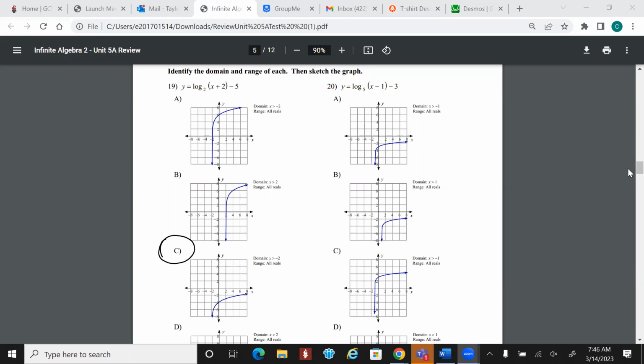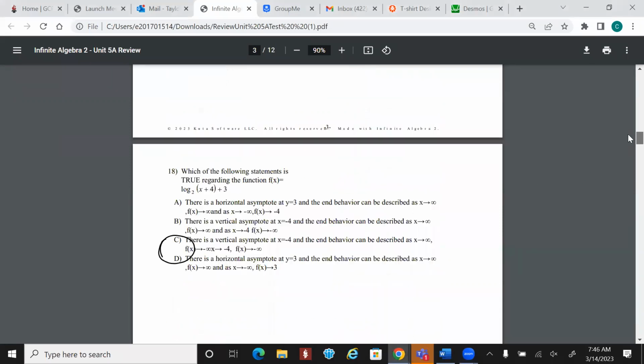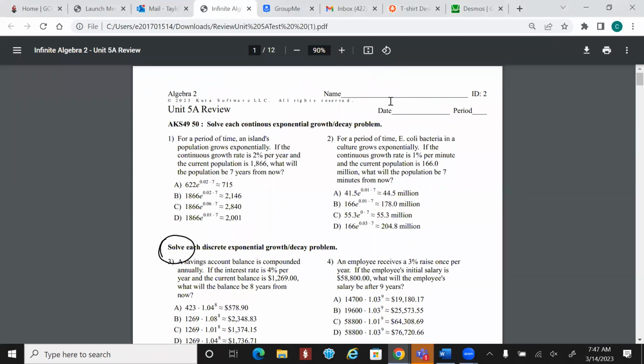Okay, one thing I do want to hit, we didn't go over 1 and 2. Continuous exponential growth and decay problem. The formula that you're going to use for this one is P e raised to the rt. This is different from what we got down here, but same concept. All you're doing is plugging in the information that they give you.